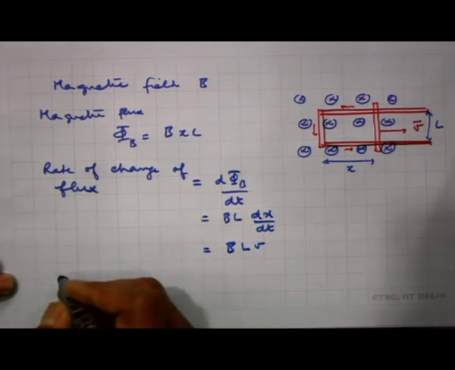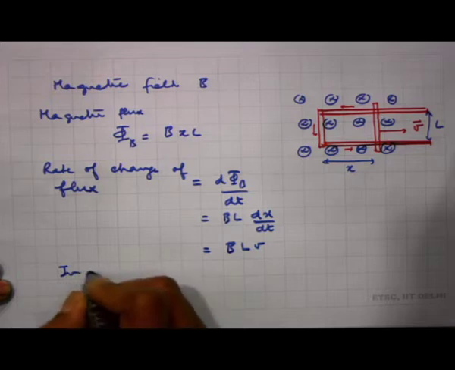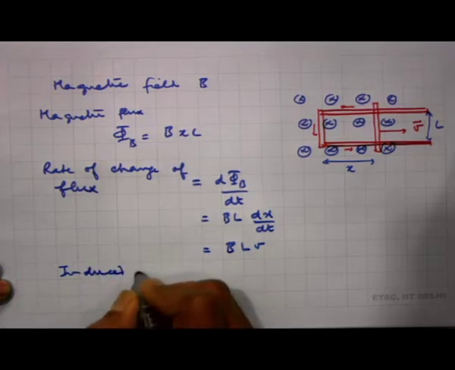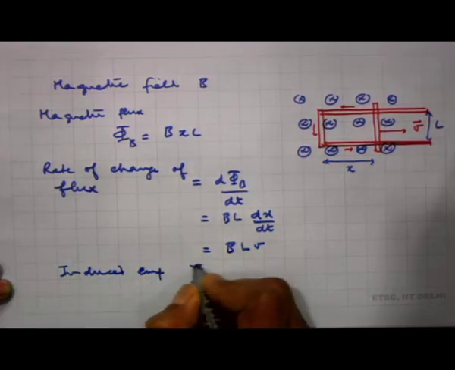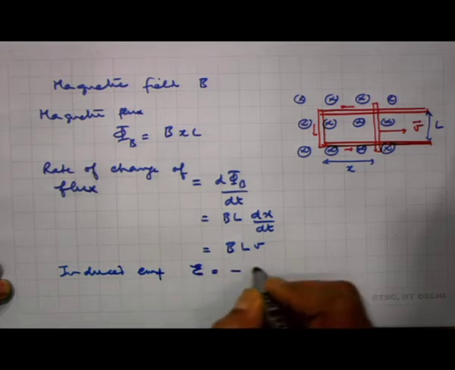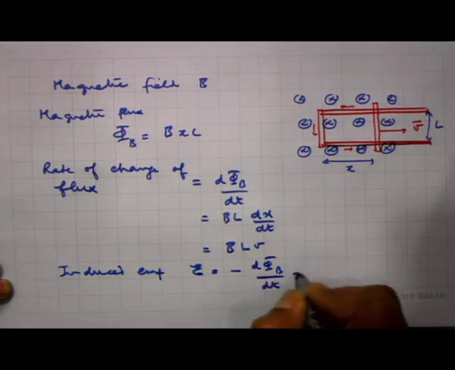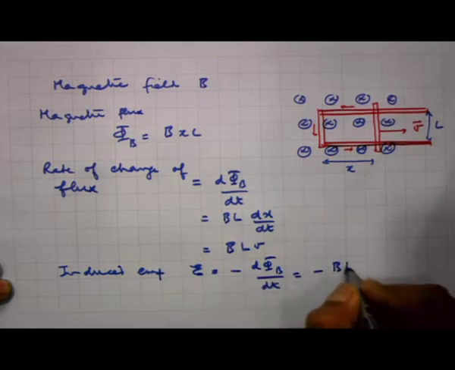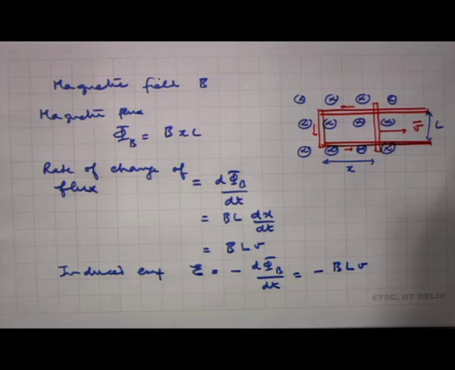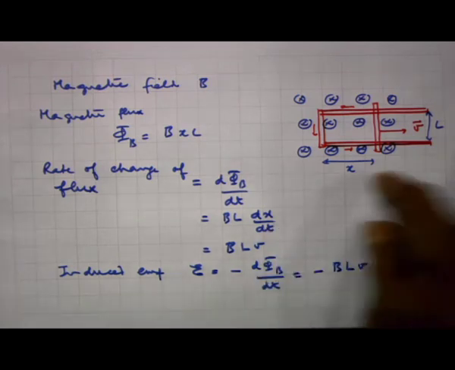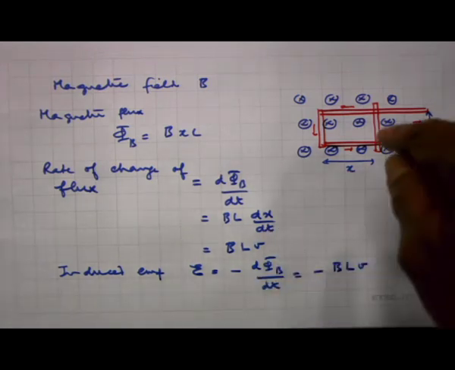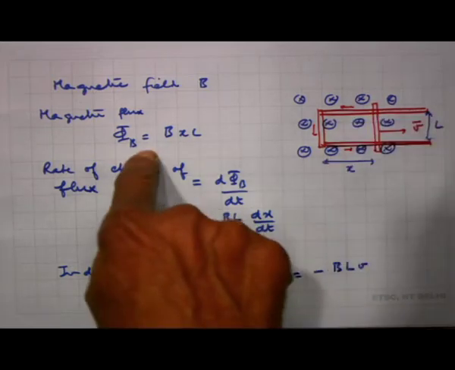According to Faraday's law of induction, the induced EMF is minus d phi by dt, which is equal to minus B times L times v. Because the magnetic field is pointing downward, the flux I am writing as positive.